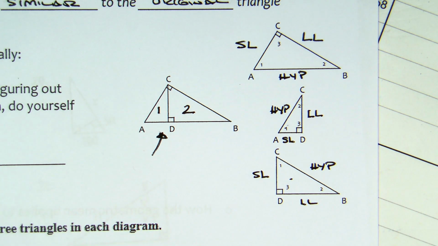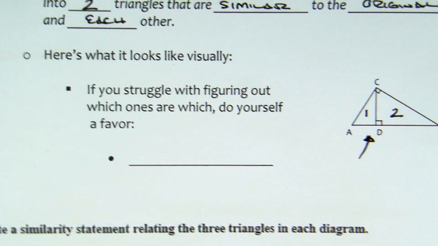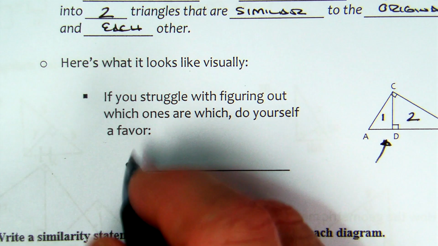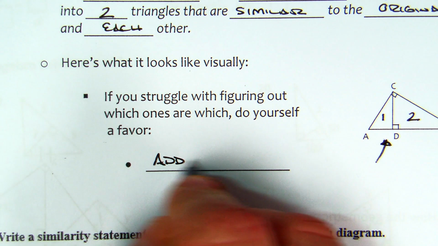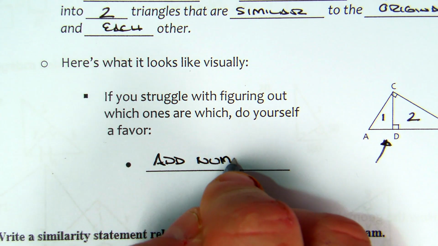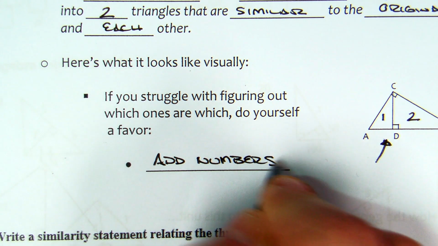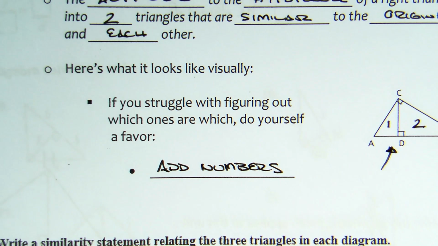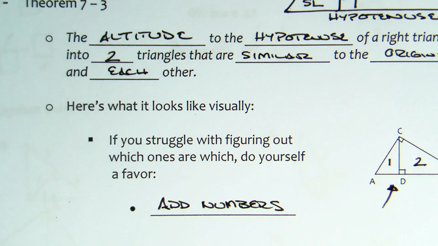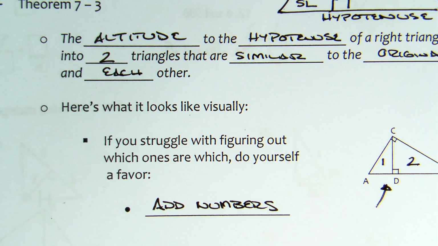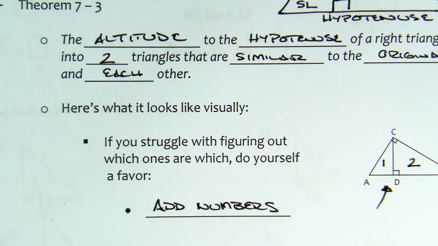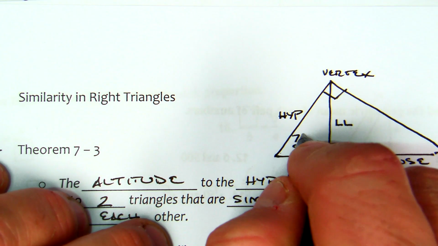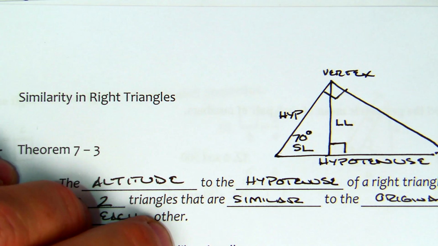The other thing you may want to keep in mind, if you struggle with figuring out which ones are which, do yourself a favor: add numbers. So in other words, I'm going to say that that angle is 70 degrees.